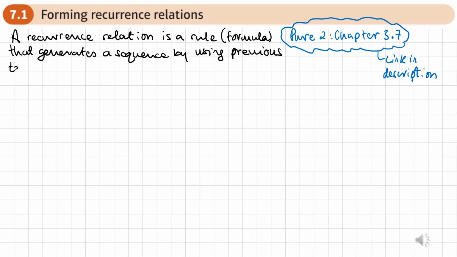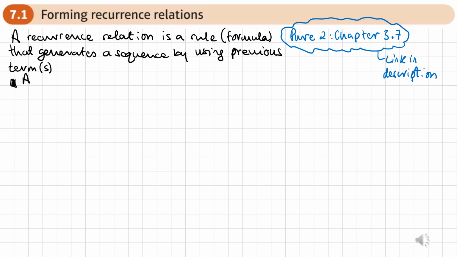Now I'm going to put terms here and put the S in brackets, because sometimes it's just the previous term, or sometimes it's more than one term. Now that will give it a special name. So let's say we get a recurrence relation that generates a sequence and all we need is the last term. That's what we call a first order recurrence relation.